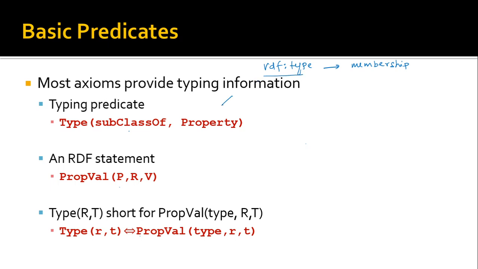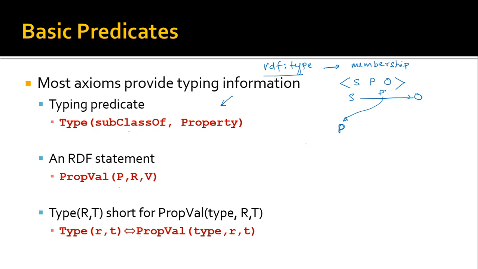Before explaining this, let us think about a very generic RDF statement. What is a very generic RDF statement? You have basically three things: S, P, and O. Now, how can we model this? We can take this P to be the predicate name of the first order logic predicate.